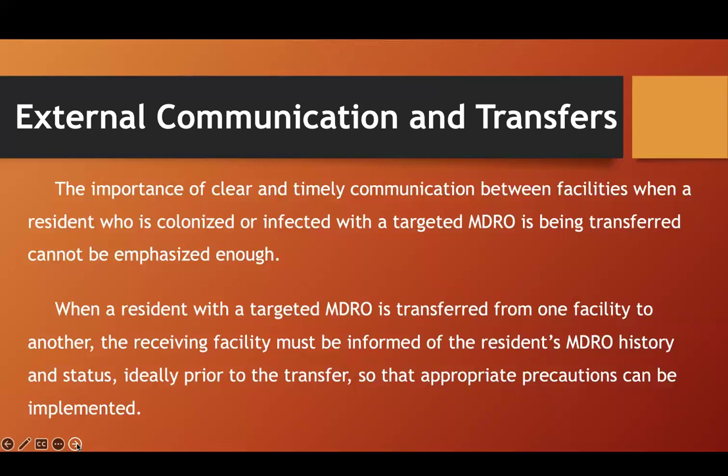So it's just a lot of scrambling. You know, when that happens, it's a lot more work on the staff and you're putting patients at risk. So make sure your nurses are educated to ask, because sometimes, unfortunately, they just don't offer that information.